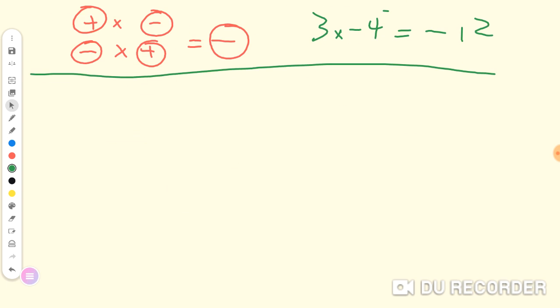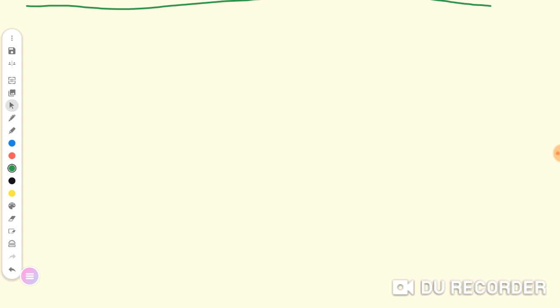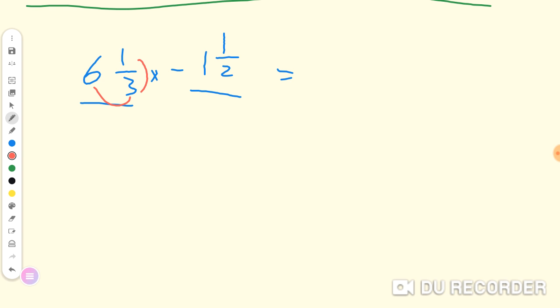So what if I have to multiply or divide fractions? Multiplying fractions like 6 and 1 over 3 multiplied by negative 1 and 1 over 2. I can't deal with mixed numbers, so I have to convert them to improper fractions. So 6 times 3 is 18, plus 1 is 19, over 3. Multiplied by negative: 1 times 2 is 2, plus 1 is 3, so it's 3 over 2.